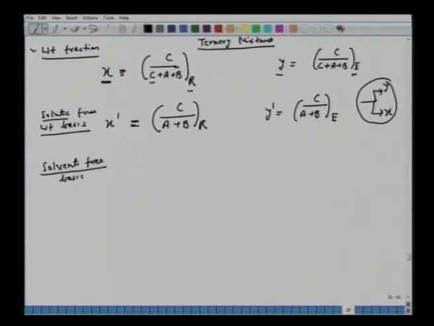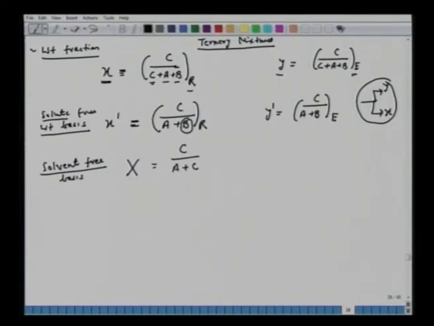There is also one way of representation by solvent free basis. Here we use capital X. You should recall the discussion on absorption, which is C over A plus C. So no solvent. Remember we had B as a solvent, A as a feed, and C as a solute, the contaminant which we want to separate, and we added B as a solvent. So this is the solvent free basis nomenclature.